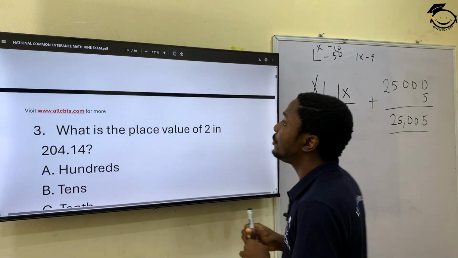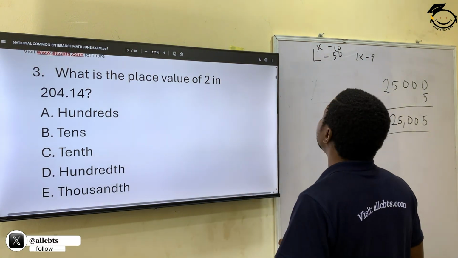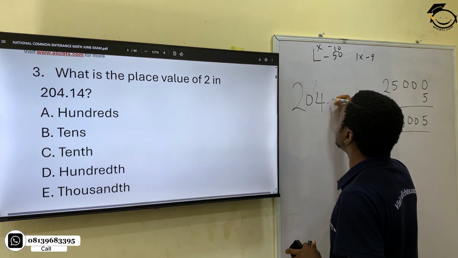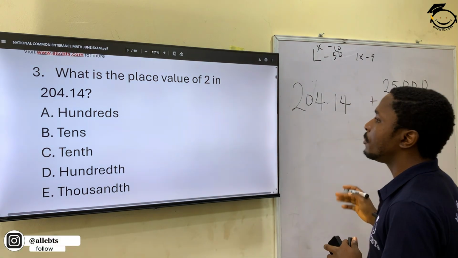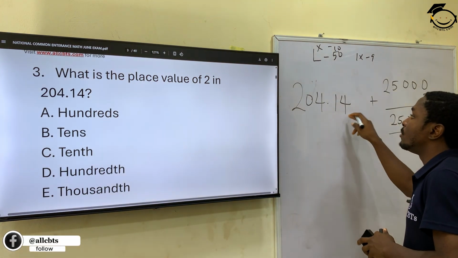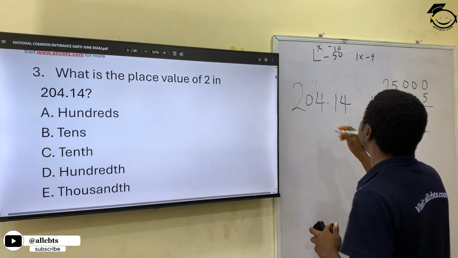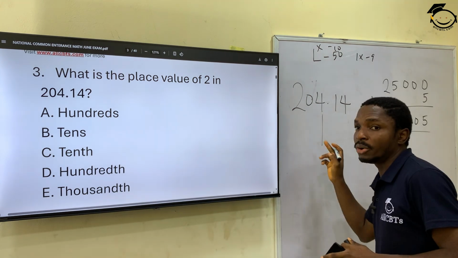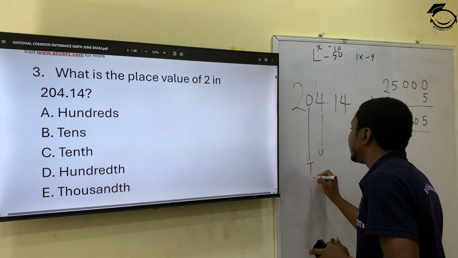Question number 3. What's the place value of 2 in 204.14? Now, you've been taught place value in school. The digit before the point is your unit. The next after it is tens.